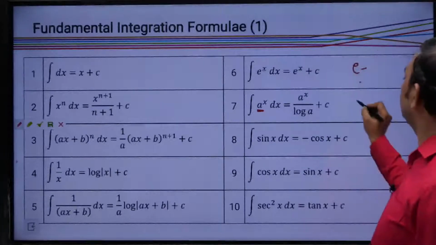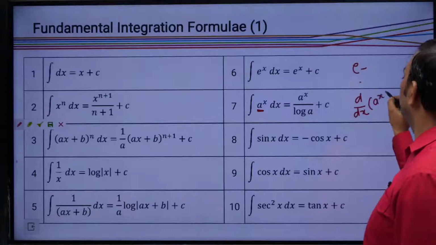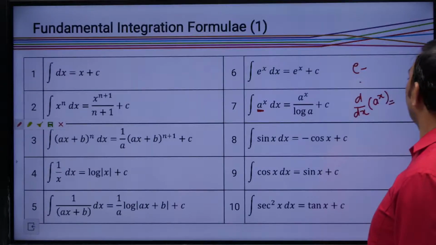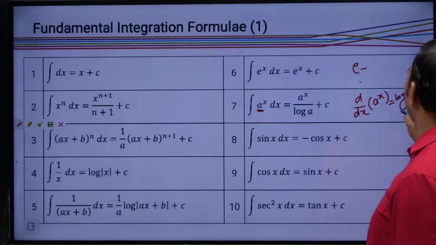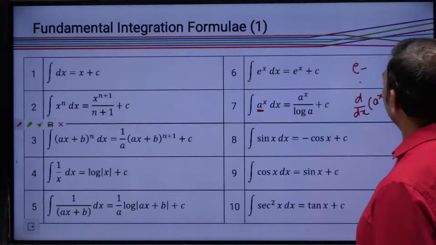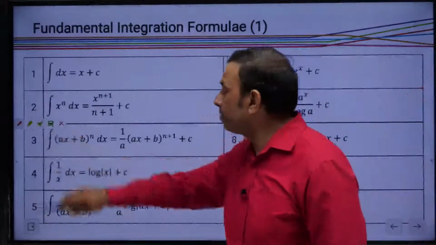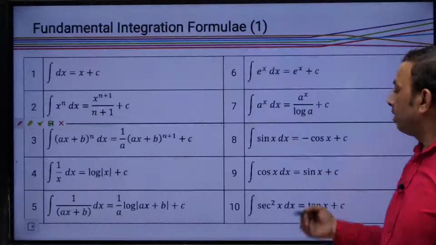We can see the differentiation of a to the power x involves a to the power x and log a, so that's why we got the integral of this function as a to the power x upon log a plus c. So these are some basic formulas that we need to use.